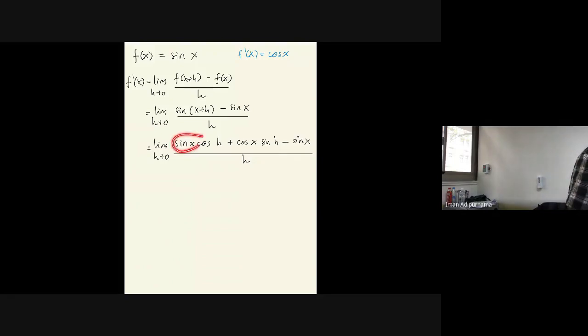Let's group the sine x. And let me separate it into two parts. So first this part, second is this part.